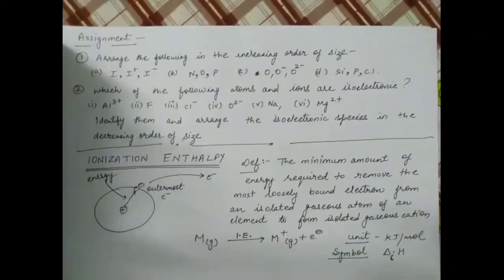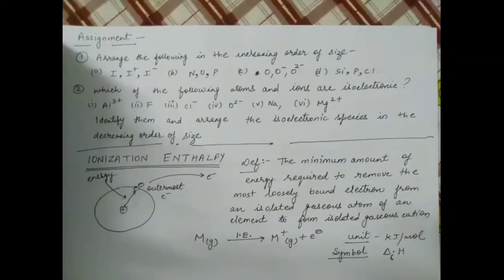Because in solids and liquids, the atoms are closely packed. And when the atoms are closely packed, the intermolecular attractions are operating between the atoms. So it is not possible to pull out the electron from the atom easily. So first we convert that particular atom into the gaseous state and then we can remove the electron.